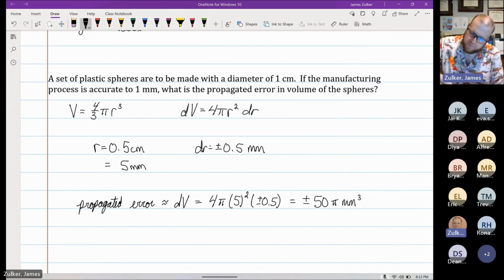All right, if we want to write that back into centimeters, it's going to be what? 5 centimeters? Or no, it'd be divided by 1,000. Right, so it'd be 5 over 100.